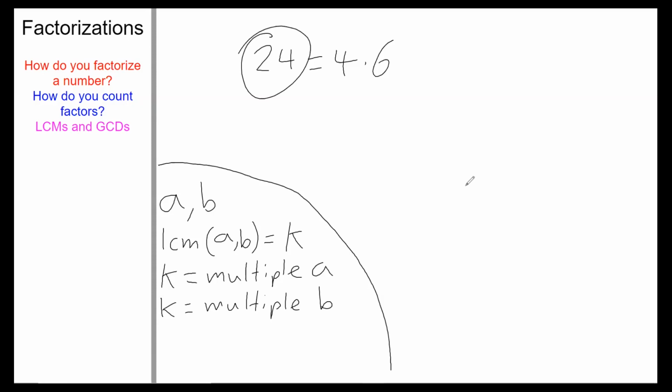An easy way to determine the least common multiple is to look at the number's prime factorizations. So the prime factorization of the number 4 is equal to 2 squared. And 6 is equal to 2 times 3.